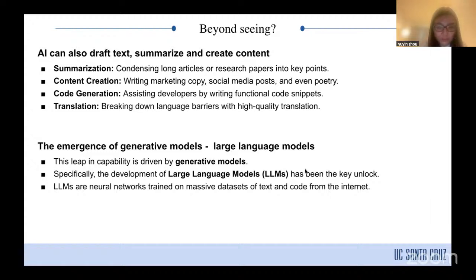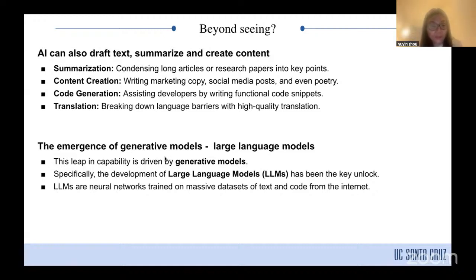The key reason for this success is that, thanks to the emergence of generative models, especially large language models, we can see a huge leap in capability. Typically, large language models have become the key unlock. It is now a very flexible tool for all different types of tasks, becoming a generalized tool for basically everyone's daily life.